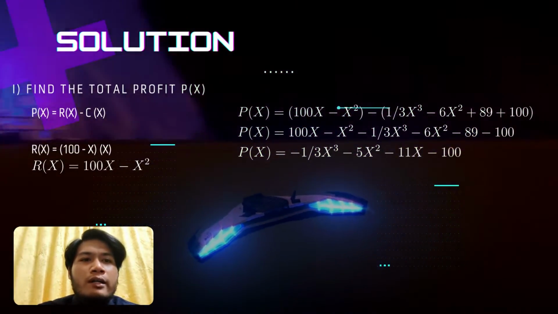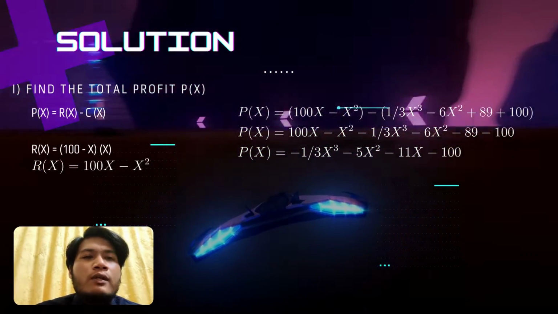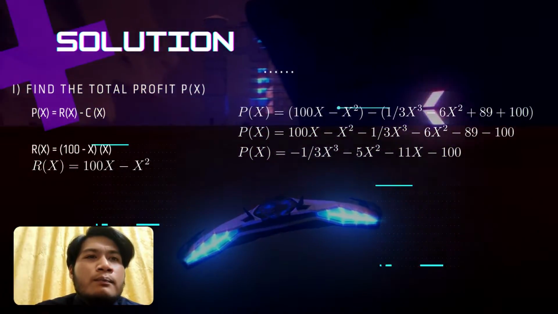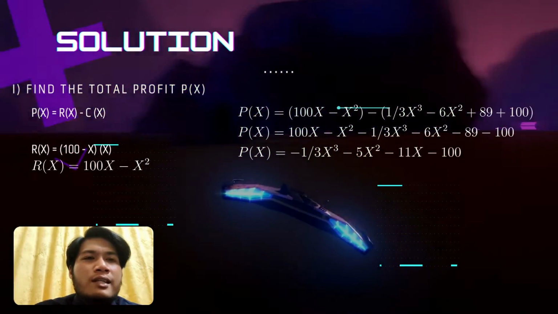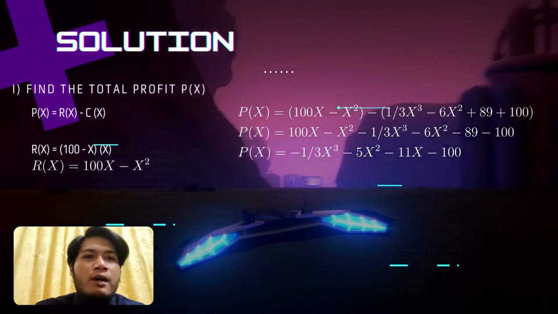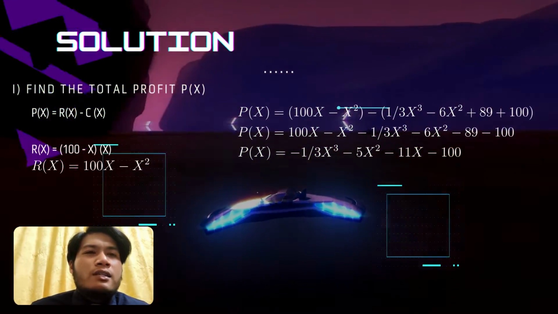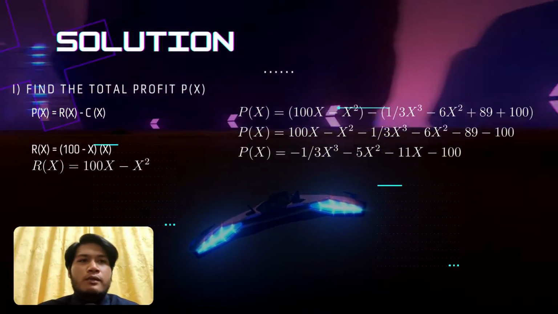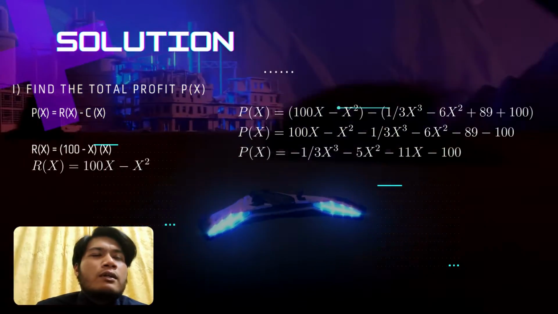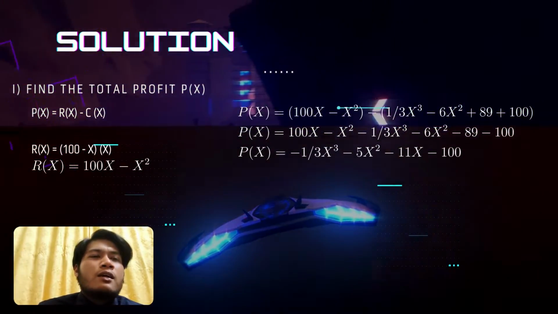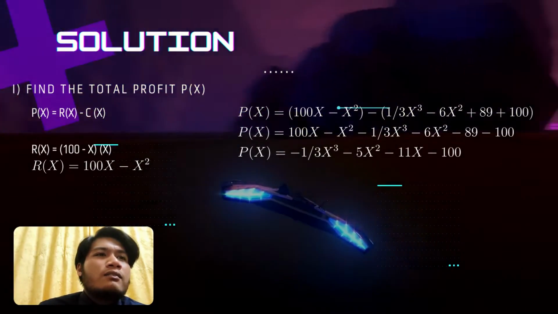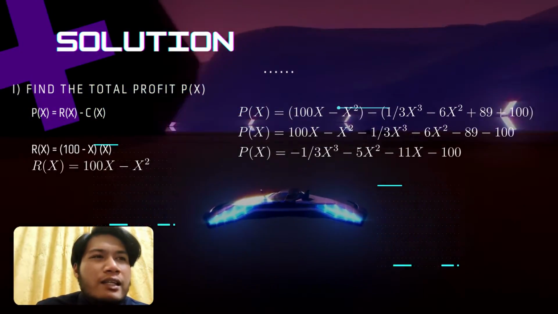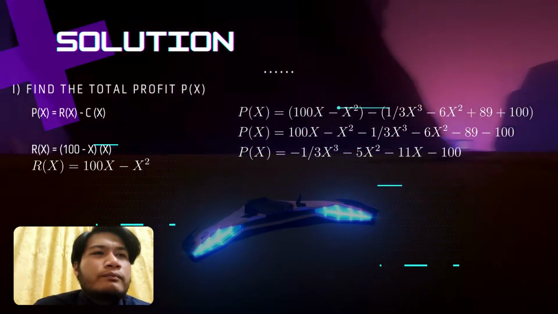The value of R x comes from the price times x. So R x is 100 minus x times x, and the value of R x is 100x minus x squared. To find the total profit, we subtract the given C x, which is 1 over 3 x cubed minus 6x squared plus 89x plus 100, from R x.